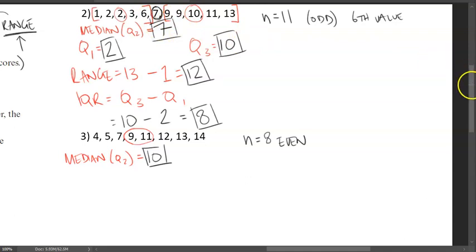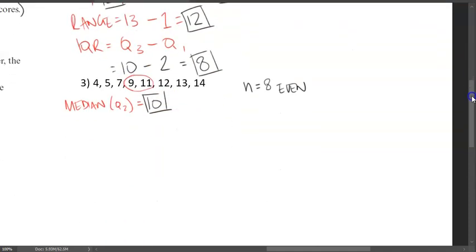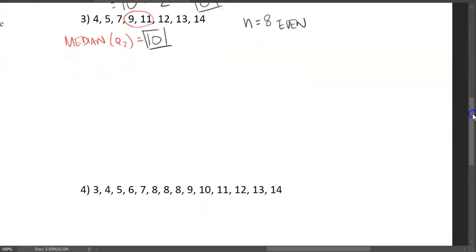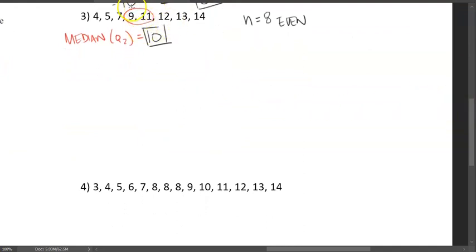But in this scenario here, when we have two middle values, let me just, it's acting a bit slow, sorry about that, there we go. We have two middle numbers. We include those numbers for the first half and for the second half. We don't forget about 9 and forget about 11.